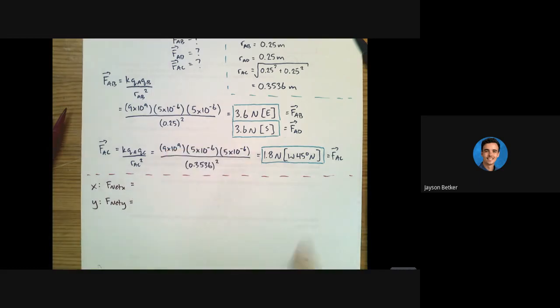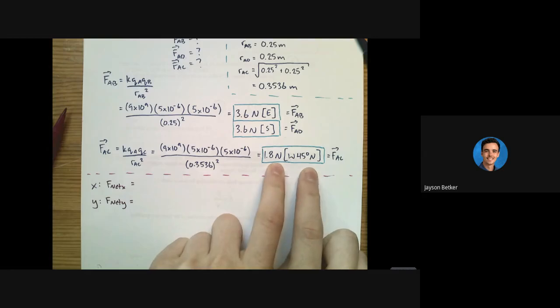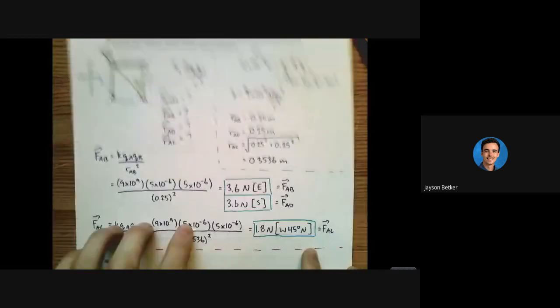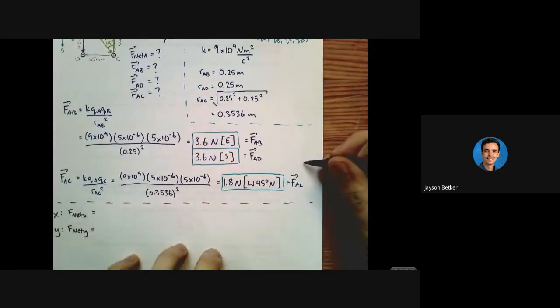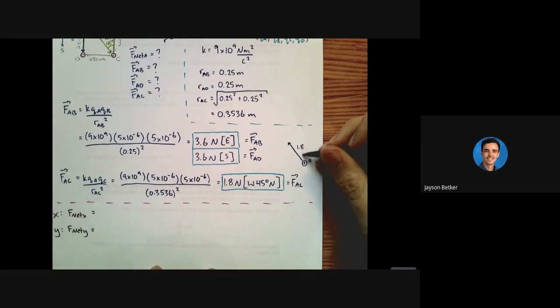Now, before I can do that, I need to turn this into its X and Y components, right? So I'm going to redraw what I have up here. I've got this little positive A charge, and it's being pushed up that way, 1.8. And if this right here is 45, that also means that this right here is 45.